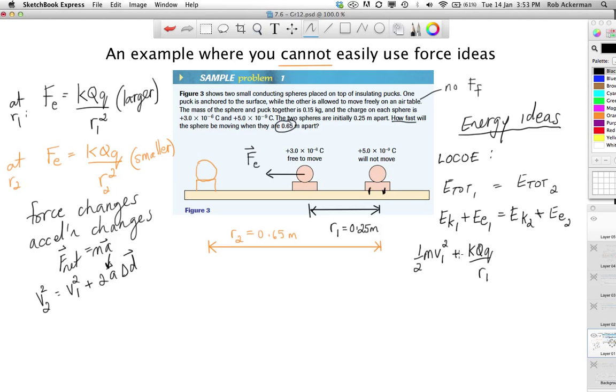We don't need the negative in here, remember, because what we're supposed to do is include the signs in the charges here. That will take care of whether the energy is positive or negative. And that is equal to the final kinetic energy, a half mv2 squared plus k, big Q, little q, over r2.